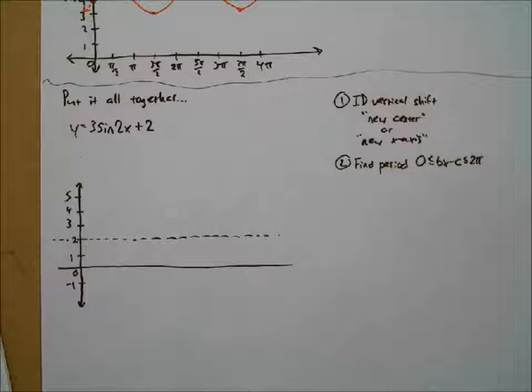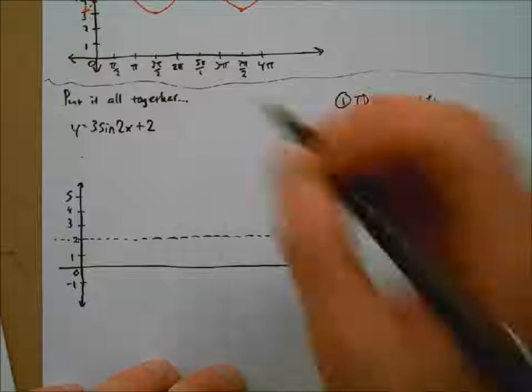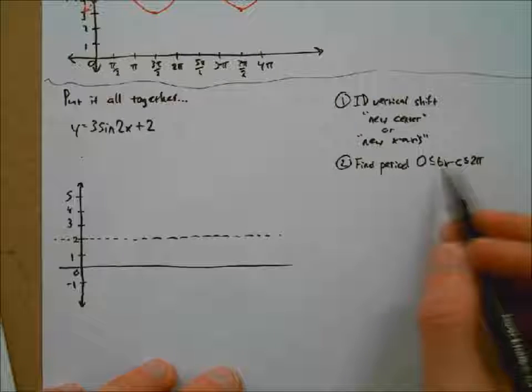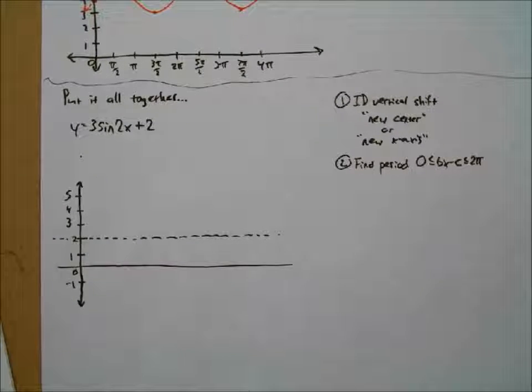Okay? So find the period. All right, let's do that here real quick. What's the bx minus c here? What's going to affect our horizontal stretch and our horizontal shift here? What's the only thing that's going to affect that? The 2x, right.